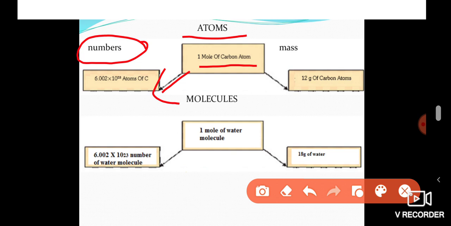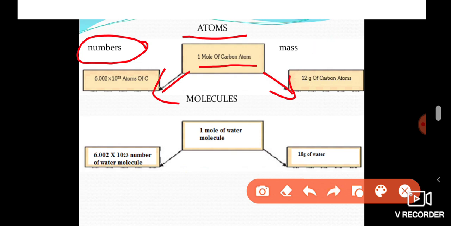How much mass does that 1 mole have? It contains 12 grams of carbon atoms. This mass is the atomic mass of carbon, expressed in grams.